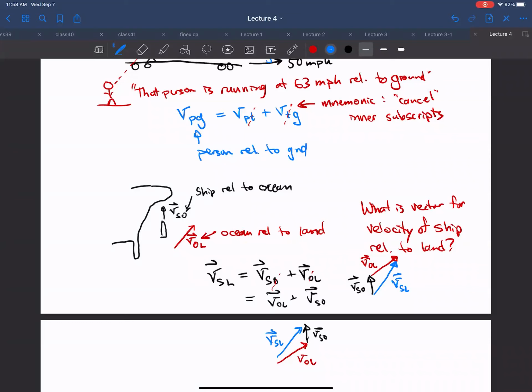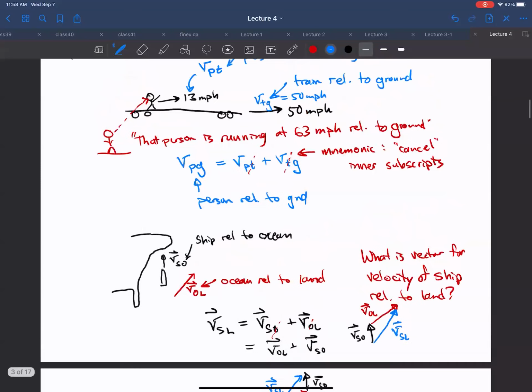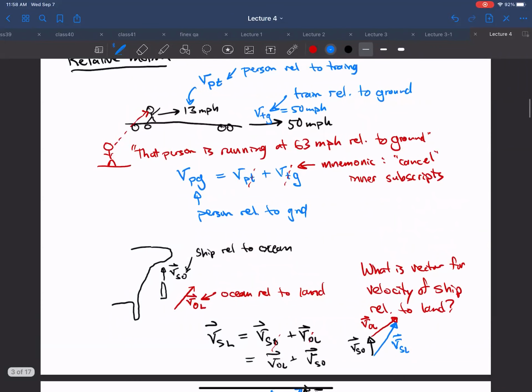Yes, Jean. Are they viewing the person on the train car at a constant velocity of 13 miles per hour? What happens if the person were to be decelerating or accelerating? So Jean asked, I think, what if the person who is running on the train is not moving at a constant speed of 13 miles per hour relative to the train, but instead, let's say, is accelerating?